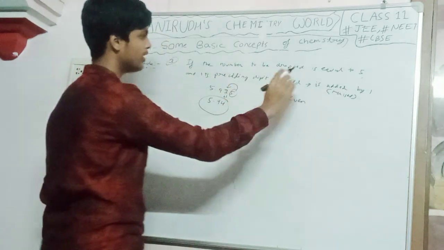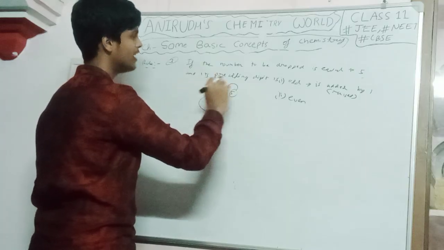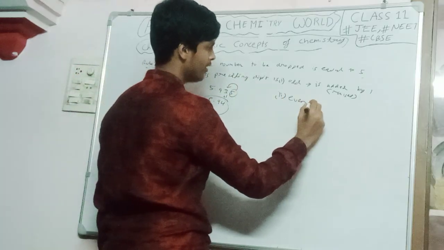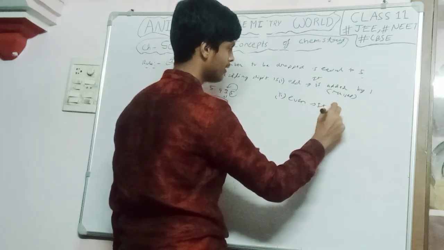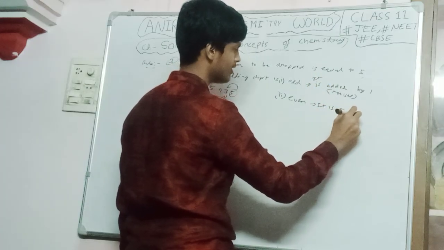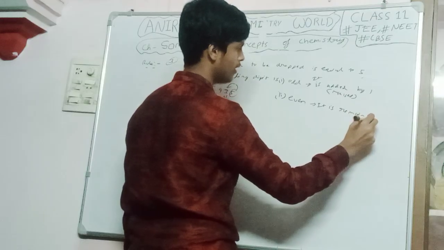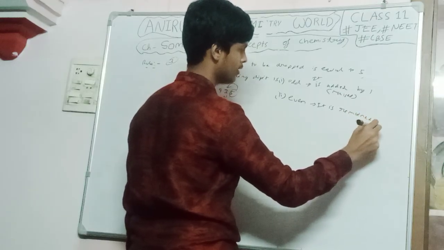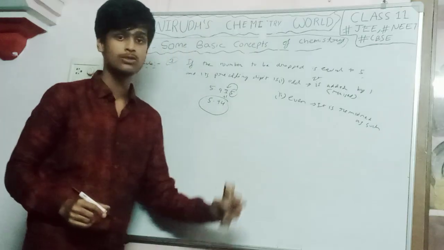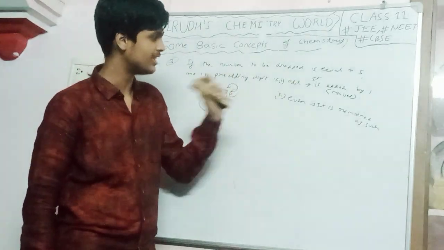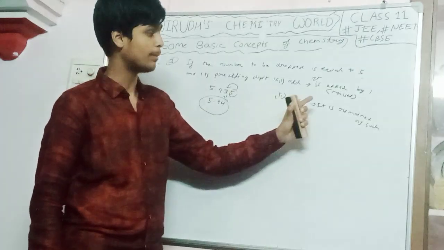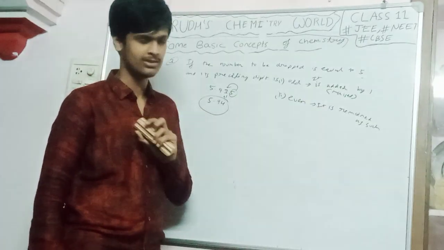And if the number to be dropped is equal to 5 and its preceding digit is even, then the preceding digit is remained as such.